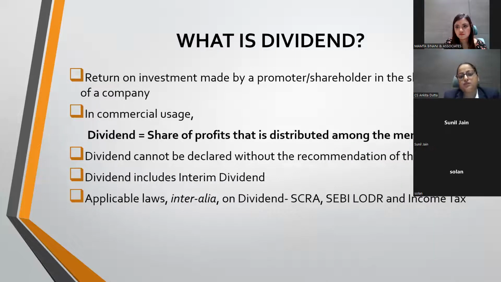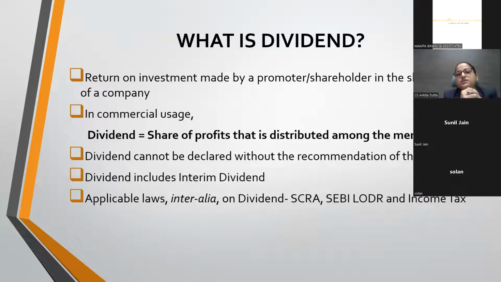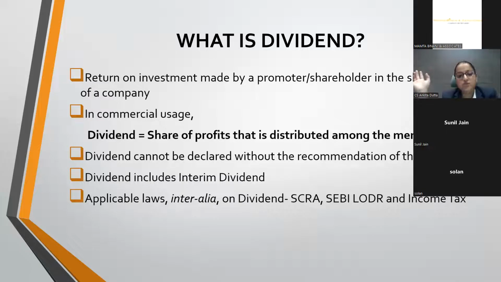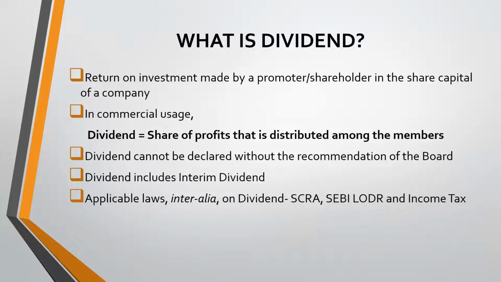Before moving on to what is dividend, I would like to give a brief about the scope of SS-3. SS-3 covers the declaration and payment of dividend. It is applicable to equity and preference share capital. Dividend includes final and interim dividend both.